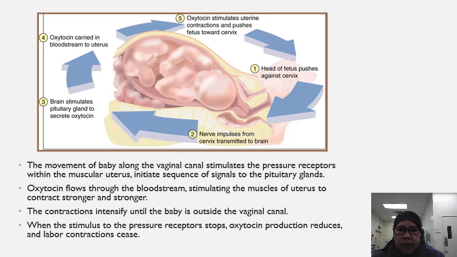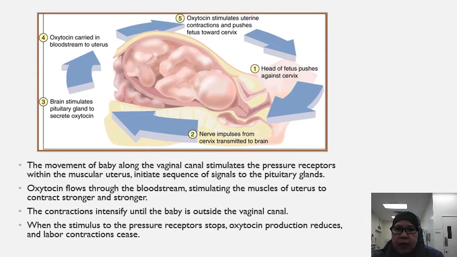It will stimulate the muscle of the uterus in the mother's body to contract stronger and stronger. This contraction intensifies and amplifies until the baby is exposed outside the vaginal canal. When the stimulus to the pressure receptors stops, because the baby is already out, the oxytocin production will reduce and the contractions cease.